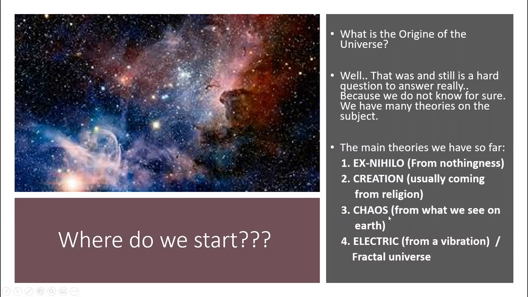There's the chaos, from what we see on Earth. Whatever we see on Earth is how the Earth, or the universe, was created. And there's electric, or from a vibration, also known as fractal universe. So those are the main four that we will go and look at and discuss.